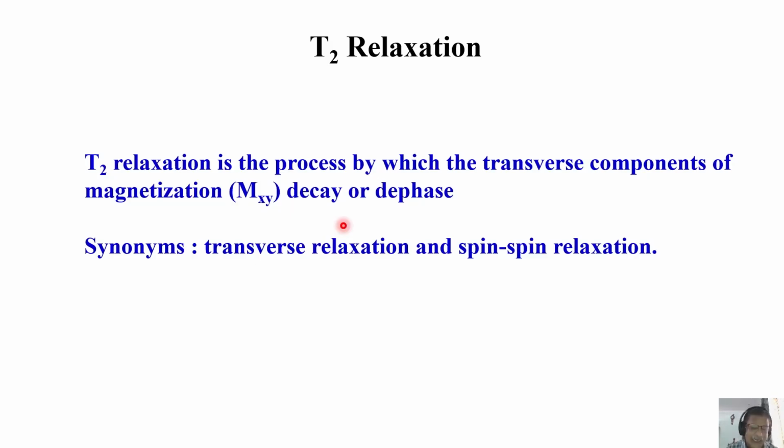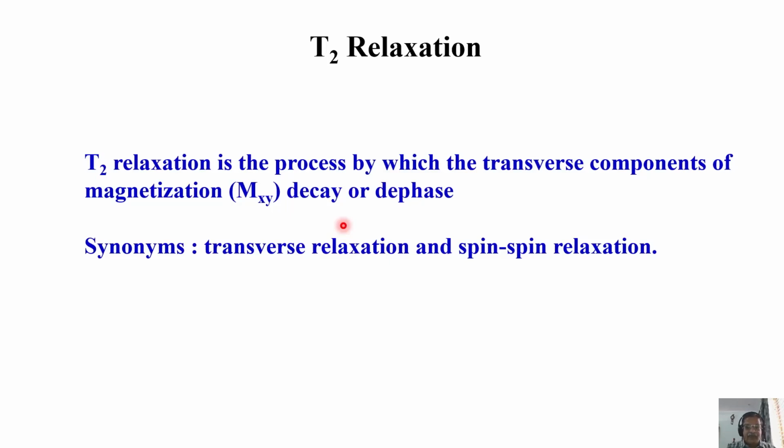Okay, let us now go to another topic called T2. T2 is the relaxation time constant. What is T2? Remember, when you bring the magnetization from z-axis to the xy plane, we discussed extensively in earlier classes. Instantaneously when the magnetization is brought, there is a phase coherence.